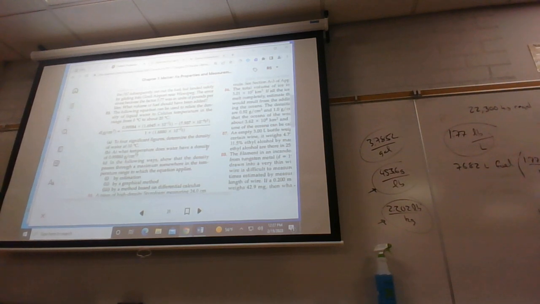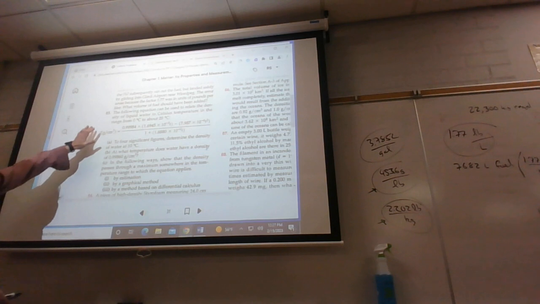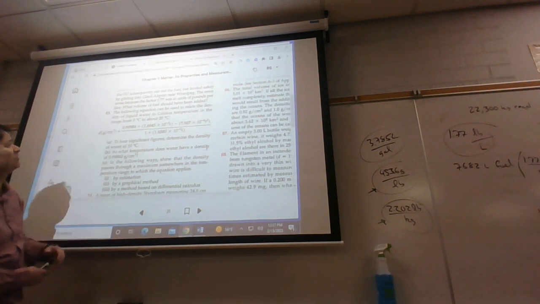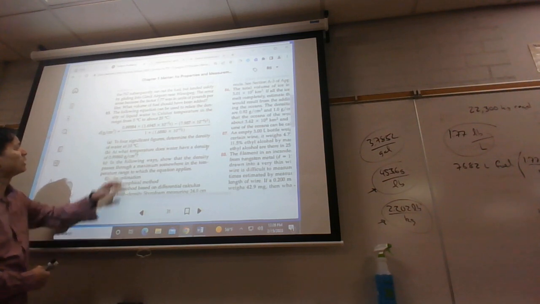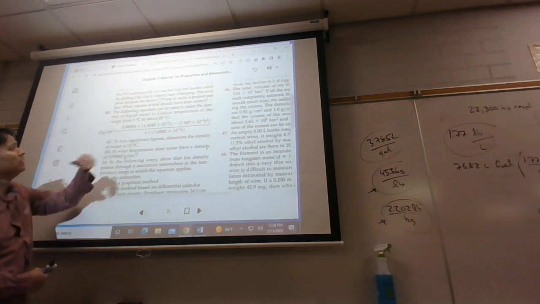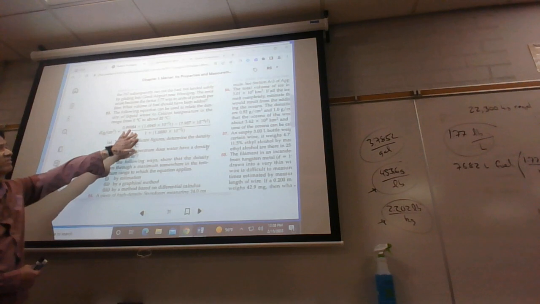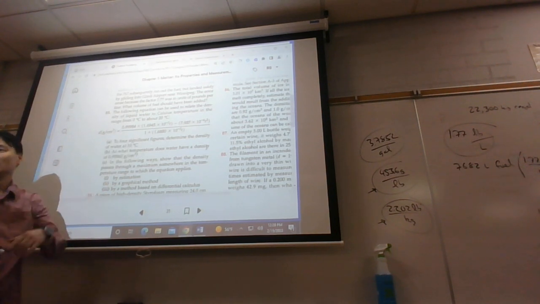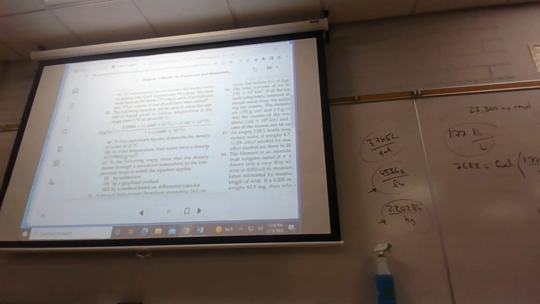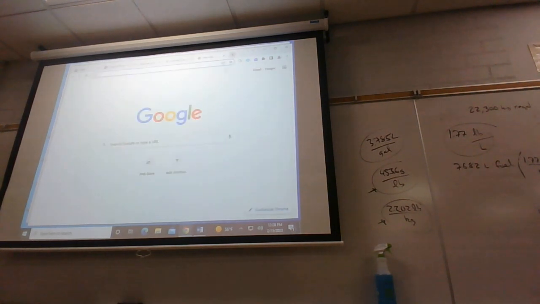We know the density changes with temperature, so we've got to be very careful with density. Let's take a look at number 83. The following equation can be used to relate the density of liquid water to Celsius temperature in the range from 0 to 20 degrees C. Do you know where this equation came from? It came from observations.